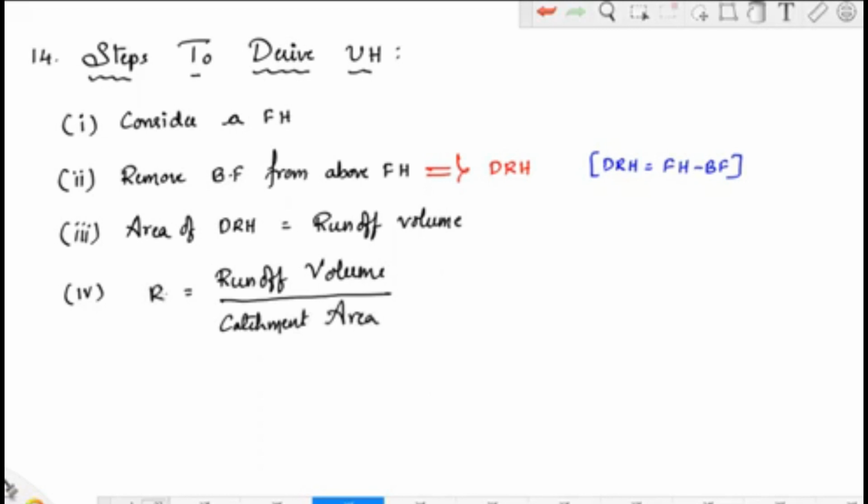Runoff depth R is equal to runoff volume divided by catchment area. So last step, you know DRH from the second step, you know runoff value from the fourth step. So unit hydrograph is equal to DRH from your second step divided by R value from your fourth step into 1 centimeter. You will get a unit hydrograph.